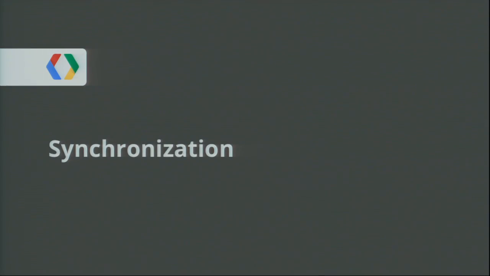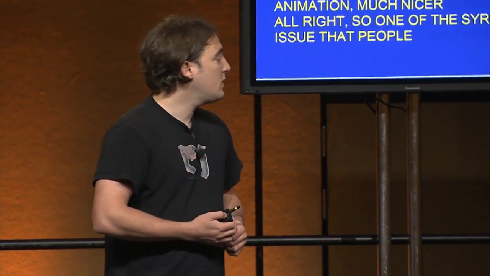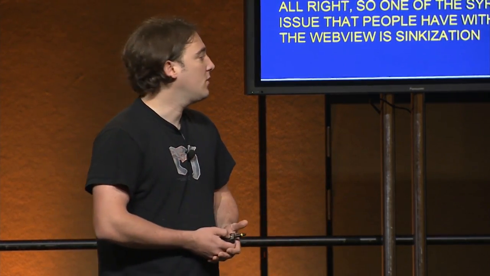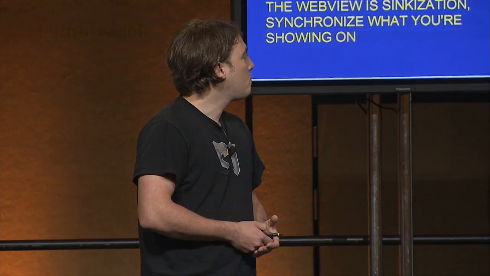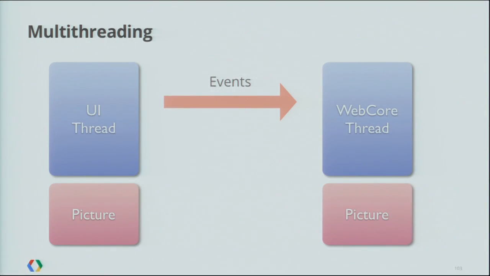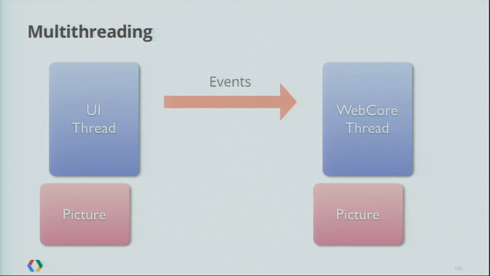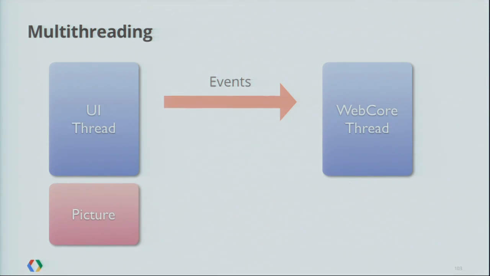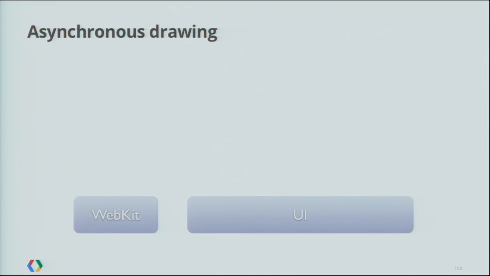All right, so one of the typical issues that people have with the WebView is synchronization. By that, I mean, how do you synchronize what you are showing on screen with the Java side? If you remember that previous diagram, we get an event, we create a new picture, and we send it to the UI. Before, when we were just using 2D rendering, we received that picture and could just draw it instantly.